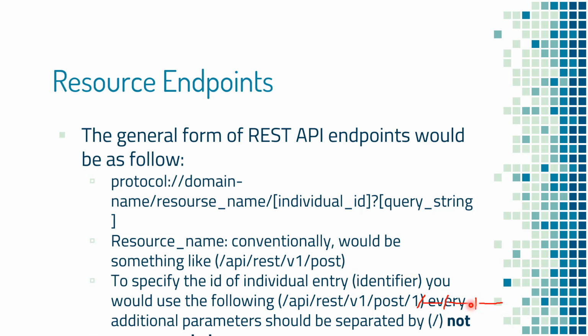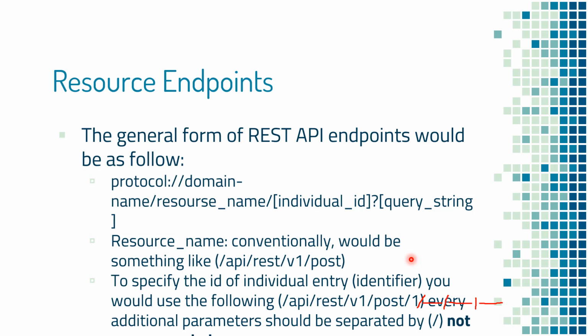That's why I call it an identifier. You cannot identify everything by using multiple attributes. One attribute should be enough to fetch everything you need.